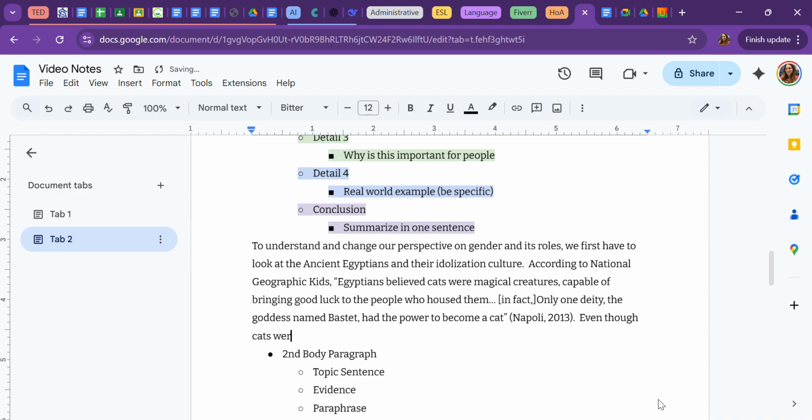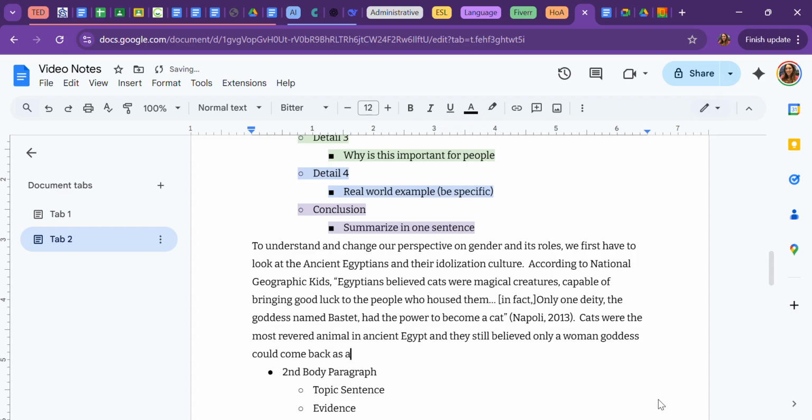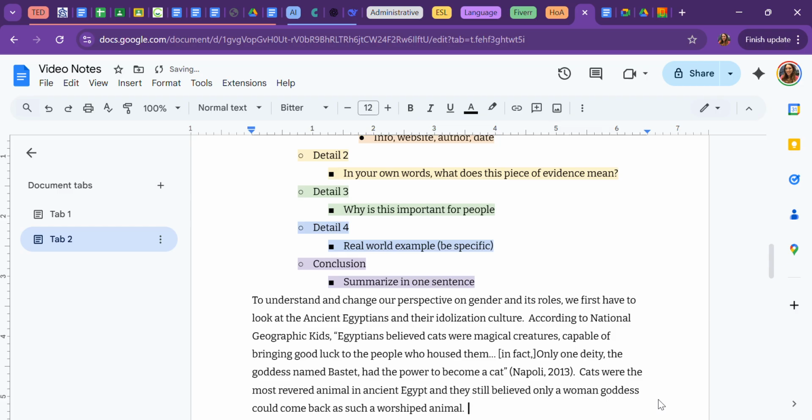So, cats were the most revered animal in ancient Egypt, and they still believed only a goddess could come back as such a worshipped animal. So I explain this in my own words.